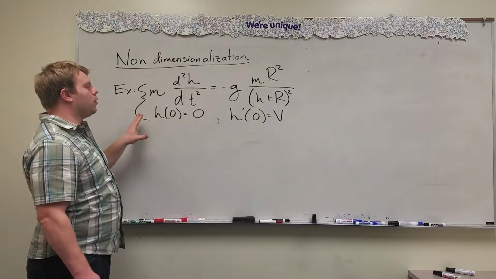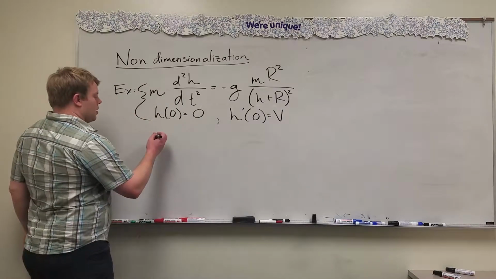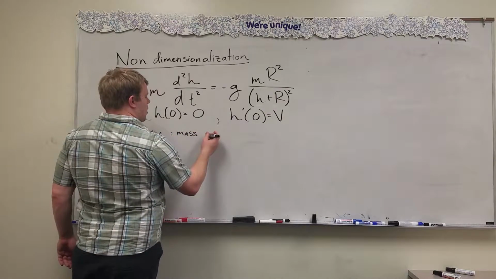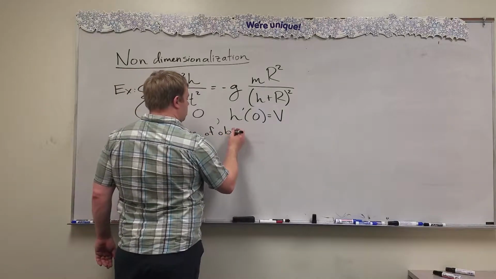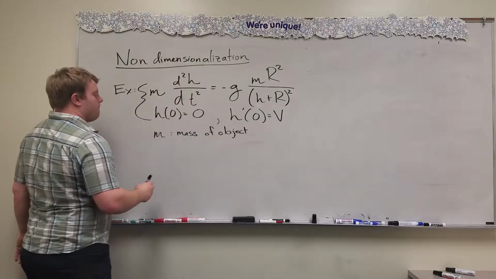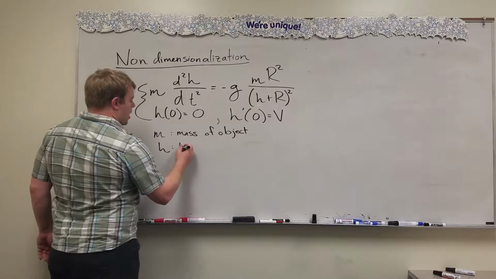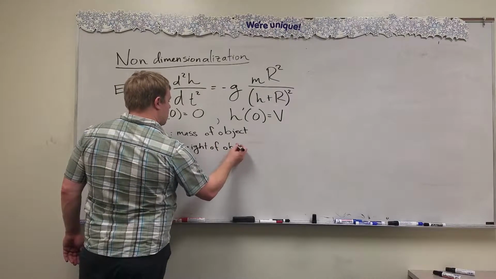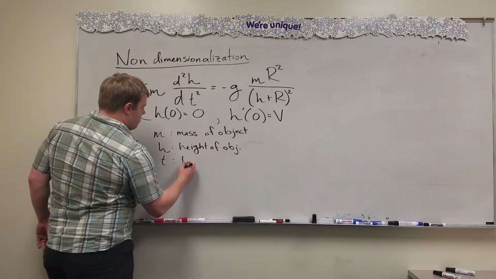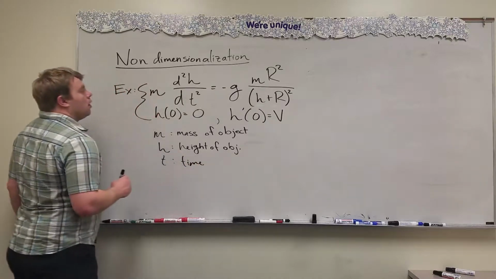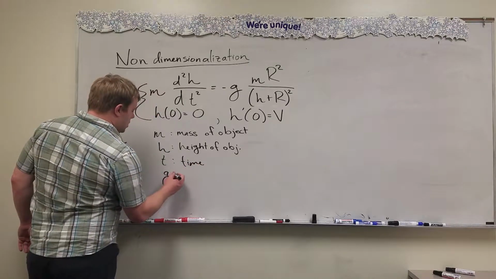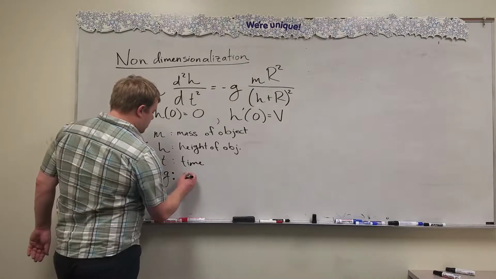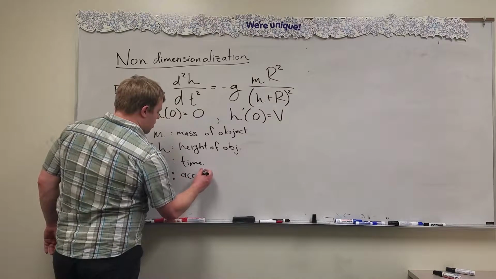So let me go through really quick and tell you what each of these things are. So m is the mass of the object. h is the height of the object. t is time. g is the acceleration due to gravity at the Earth's surface, the 9.8 meters per second squared.